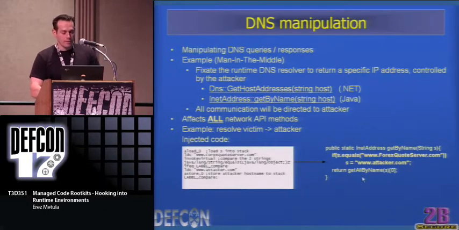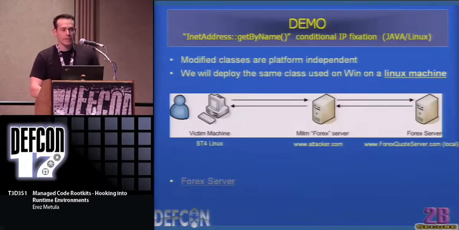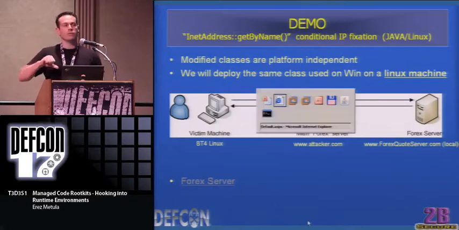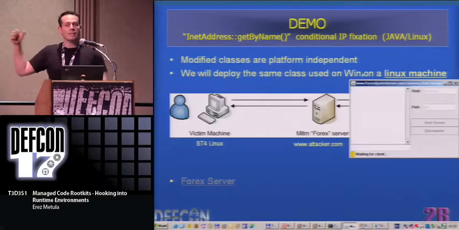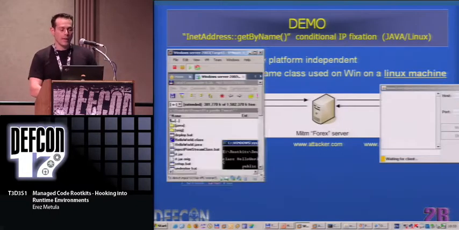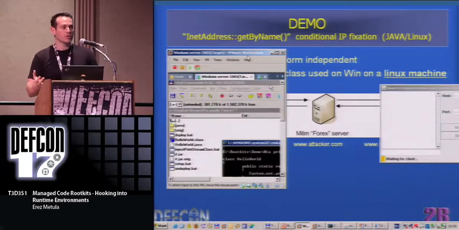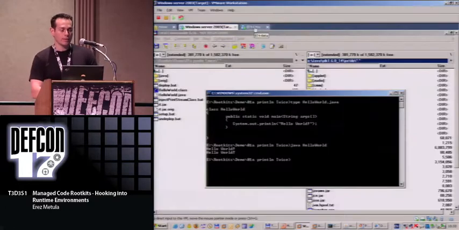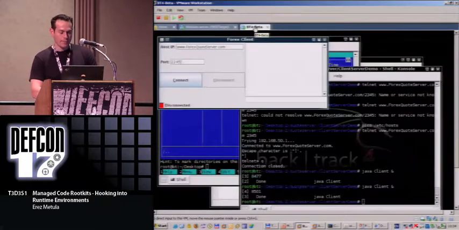So, I'm going to use a Linux machine as the victim, and the interesting thing is that the class that I wrote, which executes as it's supposed to on a Windows machine, I've deployed the same class on the Linux machine. This is where a virtual machine comes into place, so that my user, let's put it over here, and now we're going to perform a man-in-the-middle attack.